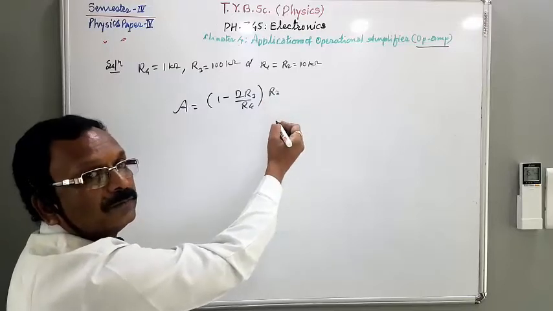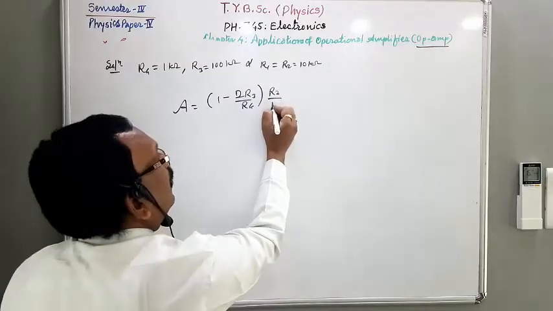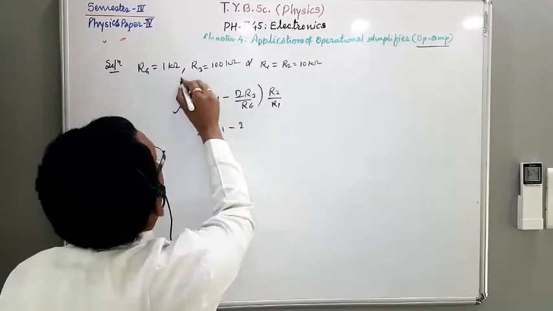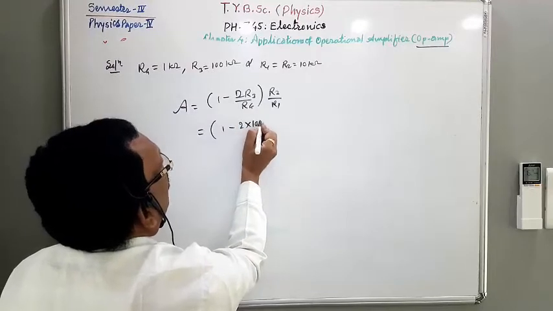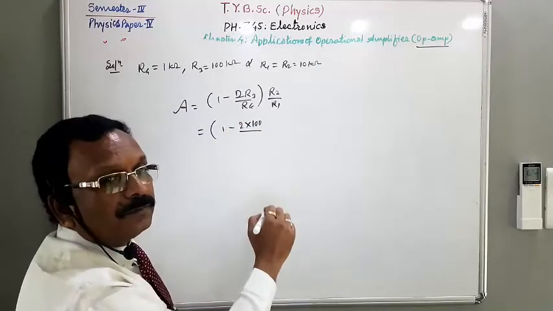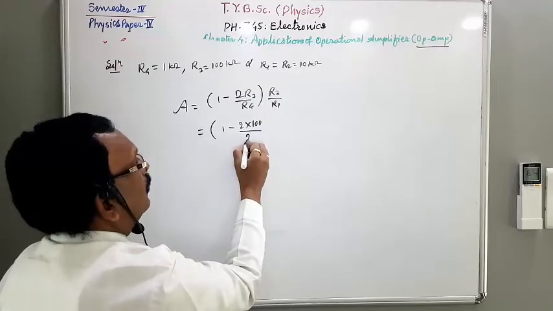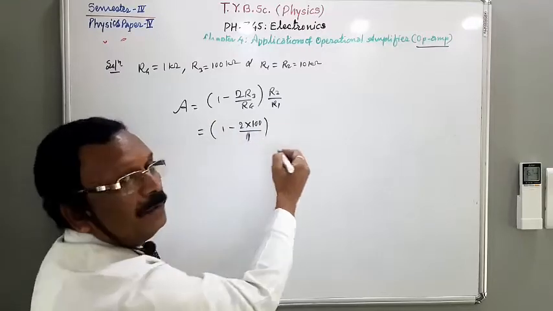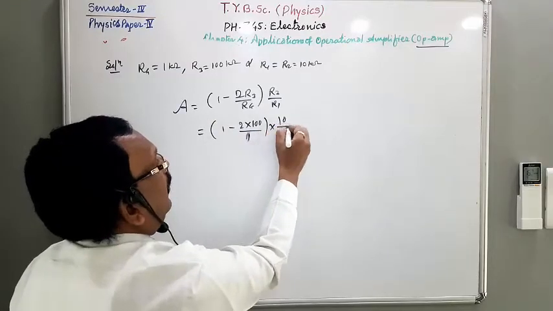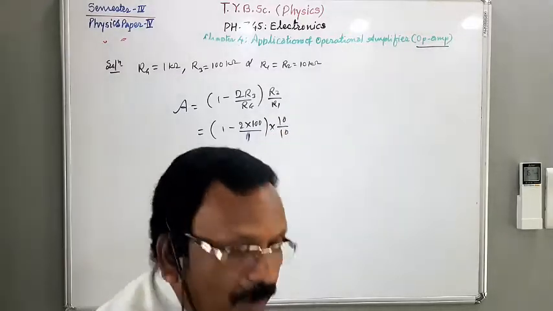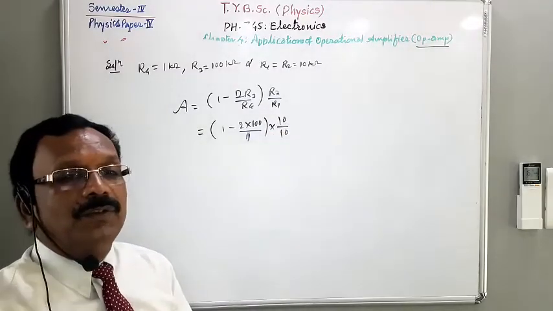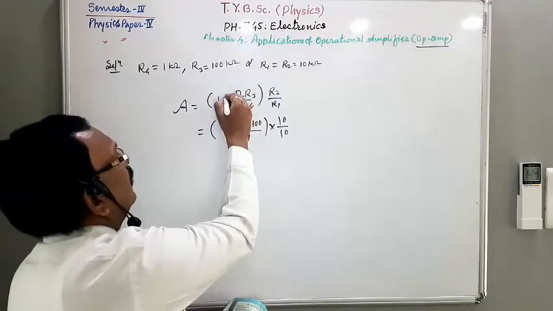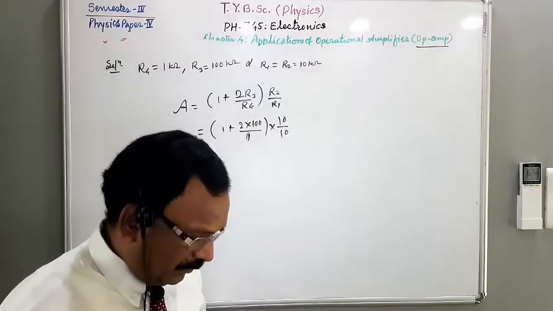So simply solve: 1 plus 2 into R3, 100, upon Rg, 1, into 10 by 10.